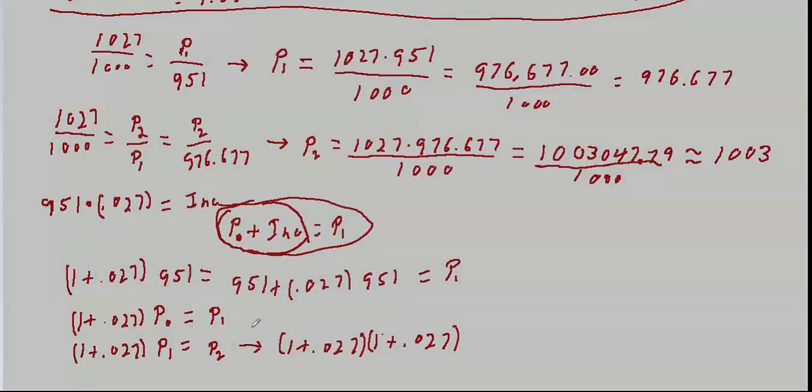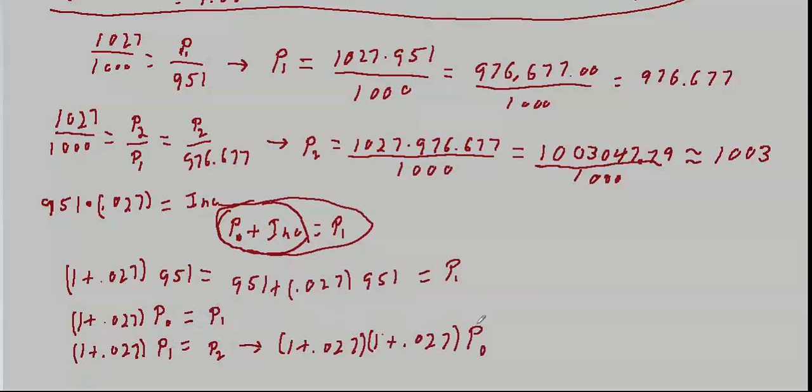It also has the effect of leading to a nice easy equation, because when I substitute P1 in here, I put this in there. So now I have an expression for P2 that doesn't involve finding P1 first. I just take this 1 plus the increase, and then multiply by 1 plus the increase again, and then I multiply by the original population.